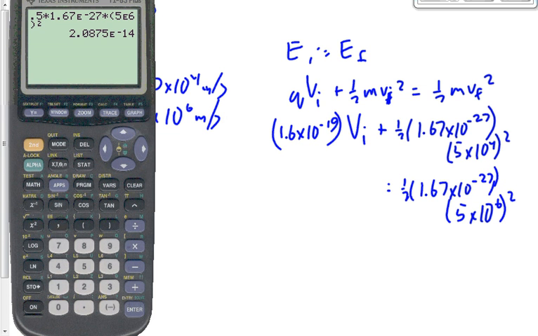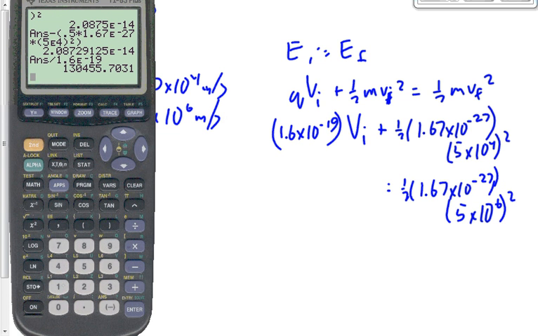Okay, let's subtract from that, because we're taking the other one over to the other side by subtraction. 0.5 times 1.67 times 10 to the minus 27 times, let's do some more brackets here, 5 times 10 to the 4, and the bracket. Okay, now let's divide it by 1.6 times 10 to the minus 19. And we get 1.30 times 10 to the 5.